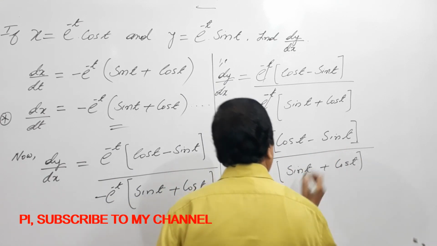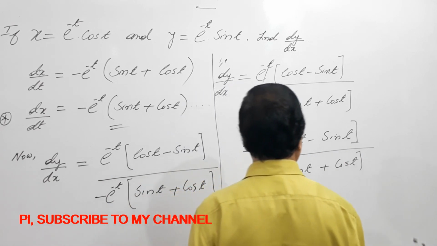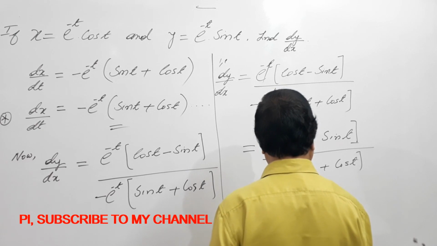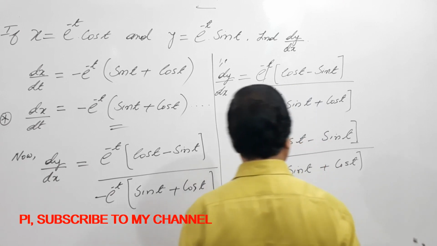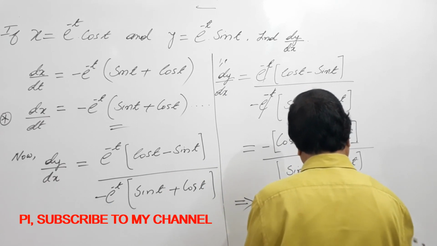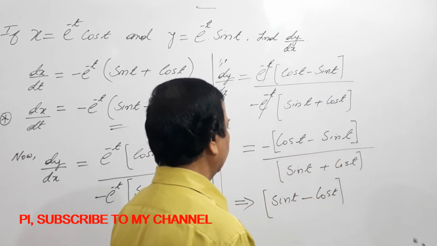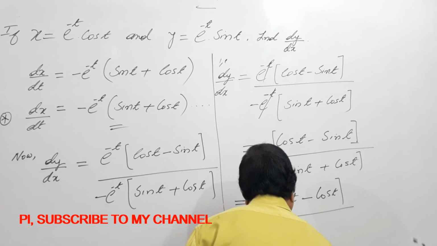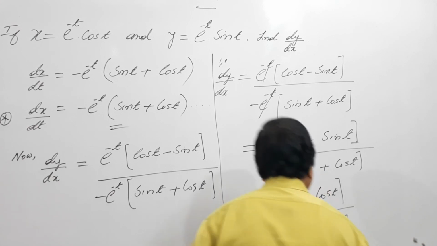So this becomes (sin t minus cos t) divided by (sin t plus cos t).